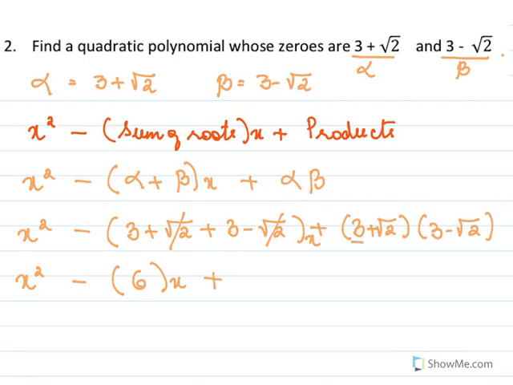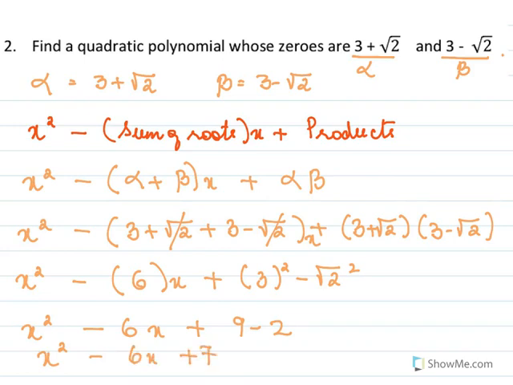And here we have a plus b and a minus b, and this is a square minus b square. So this is x square minus 6x plus, this is 9 minus 2, that is x square minus 6x plus 7. So this is the quadratic that has roots 3 plus root 2, 3 minus root 2.